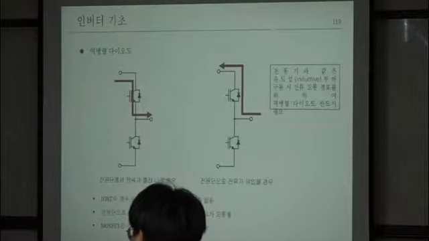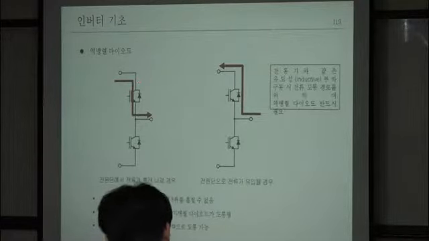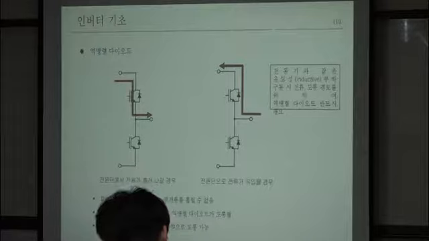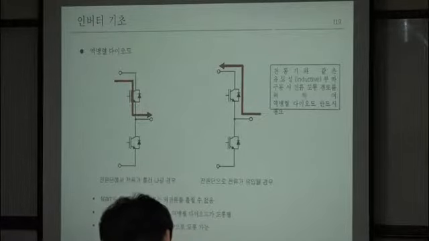Among them, which one is the fastest one? Schottky, right? The Schottky is the fastest one. So you usually like to equip the Schottky diode in power conversion systems, but the problem is that they have a lower voltage rating. That's why we have the silicon carbide Schottky diode. Although that is very expensive, power conversion systems basically like to equip the silicon carbide Schottky diode.